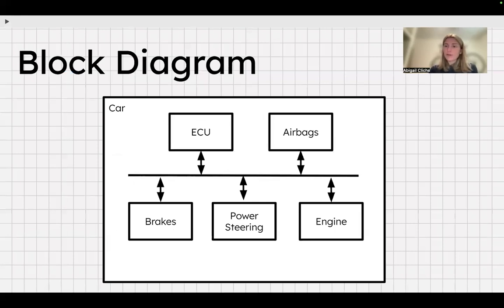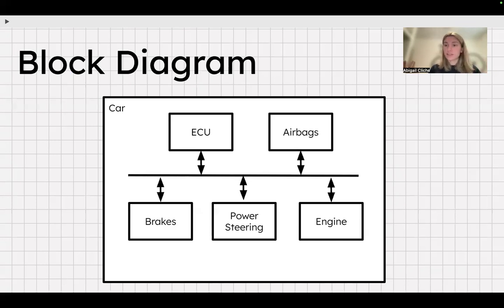So once you've started grouping functions together and conceived of subsystems that you need to implement, then you can create what's called a block diagram. And a block diagram is exactly what it sounds like. It's a diagram in which the entire system is represented as a set of blocks. Some blocks are within other blocks, and that means that they're subsystems of the block that they're in.